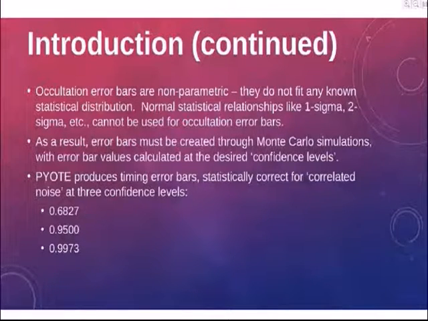PYOTE is producing error bars at the 0.6827, 0.95, and 0.9973 levels. If you had a Gaussian distribution, those would be the 1 sigma, 2 sigma, and 3 sigma equivalent levels. Next slide.